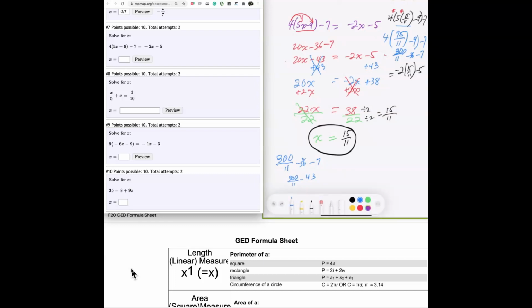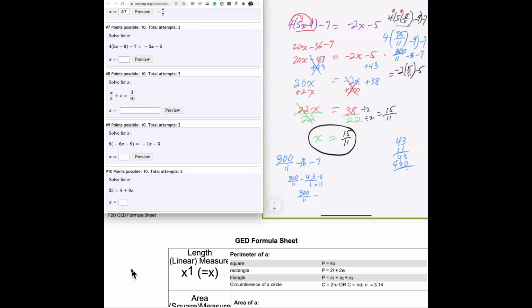300 over 11 minus 43. So what we have to do to subtract that is put 43 over 1 and then multiply the top and the bottom by 11. And we'll get 300 over 11 minus, so 43 times 11, 1 times 3 is 3, 1 times 4 is 4, placeholder 0, 1 times 3, 1 times 4.